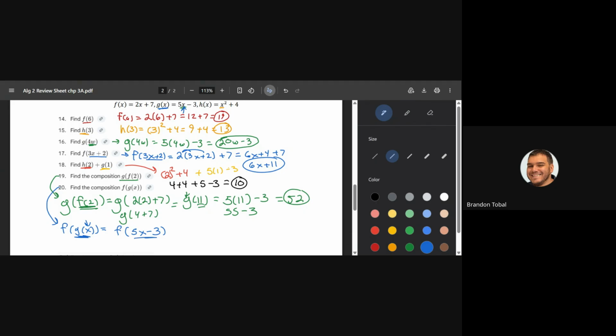Now I'm going to take 5x minus 3 and plug it in for every x in f, because I have an f on that side. So it's going to be 2 times 5x minus 3, plus 7. I'm going to distribute: 10x minus 6 plus 7. Then negative 6 plus 7 is 1. So 10x plus 1.